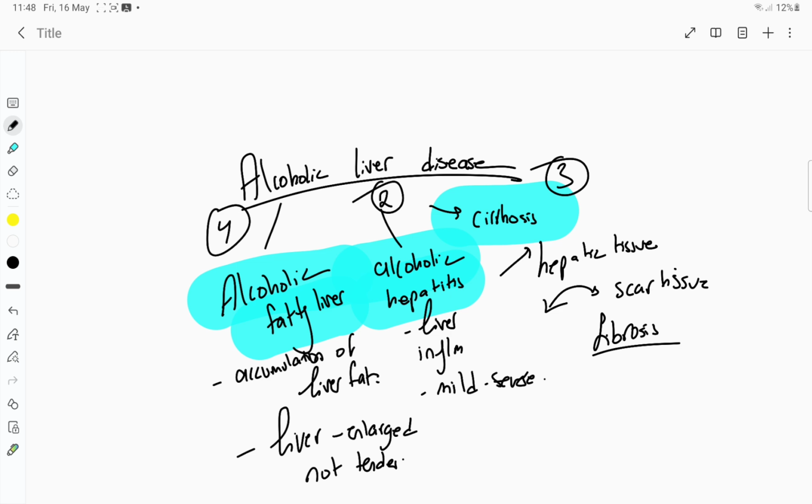Symptoms range from those of alcoholic hepatitis to those of end-stage liver disease. The liver eventually shrinks, whereas in the earlier stages it is enlarged. Cirrhosis cannot be reversed.